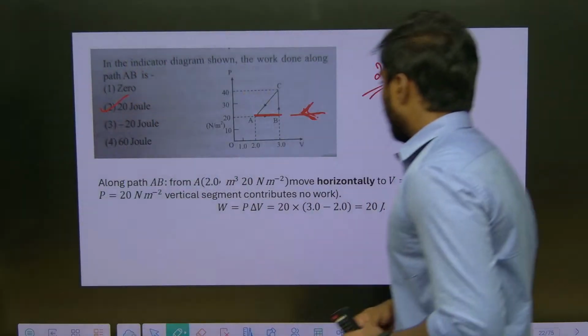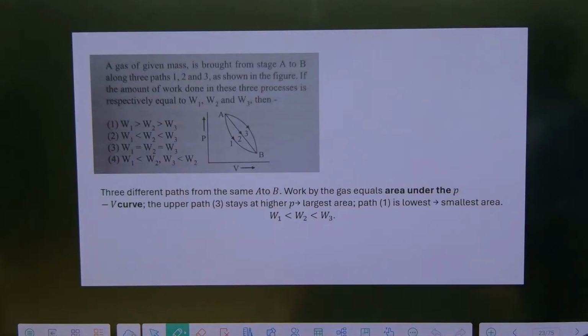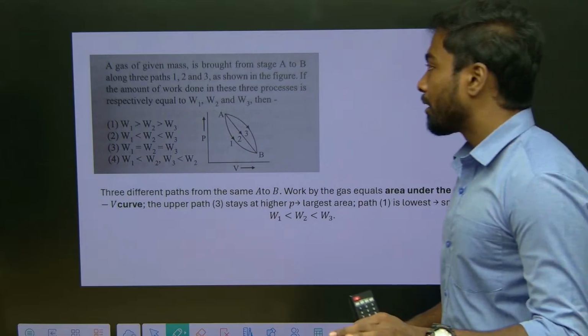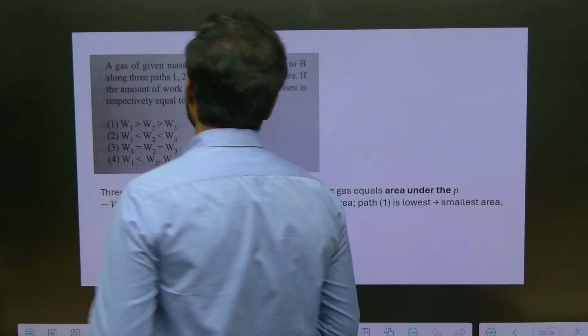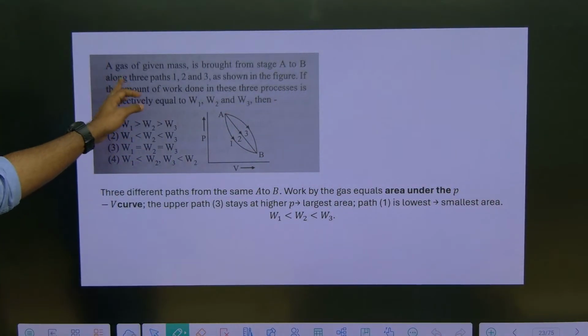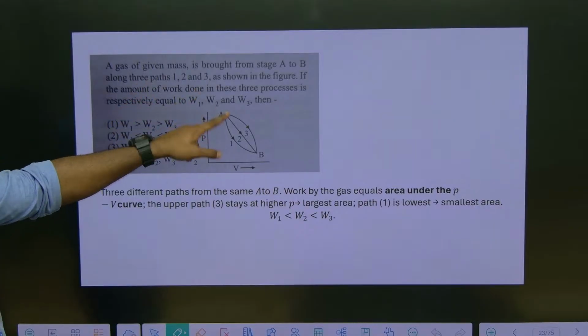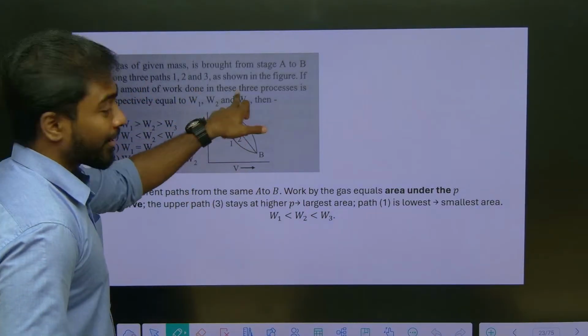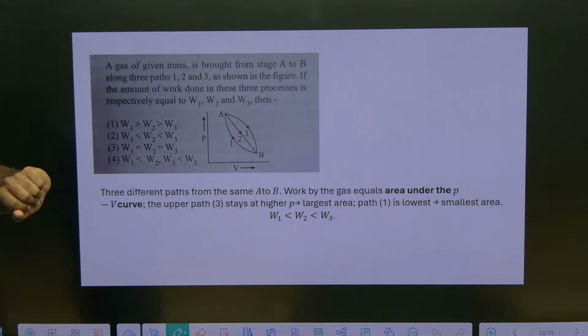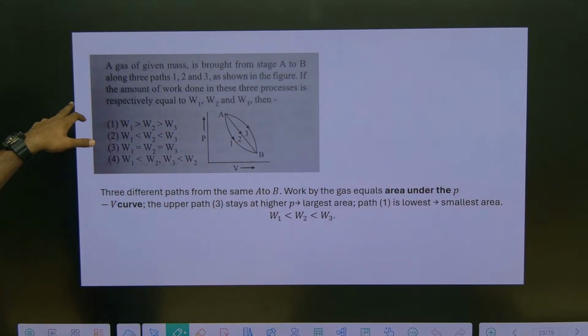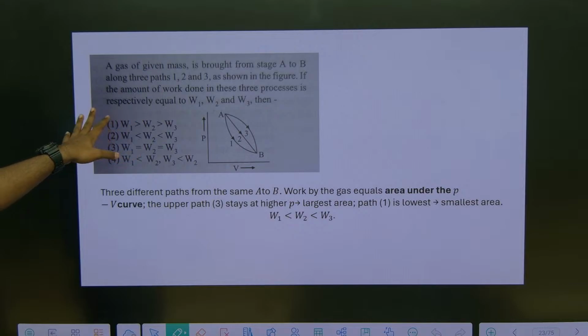Okay, so the next one is the final question we'll see in this class, and we'll discuss the upcoming questions in the next session. A gas of a given mass is brought from state A to B in three directions, as shown in the given figure. The amount of work done in this process, respectively.